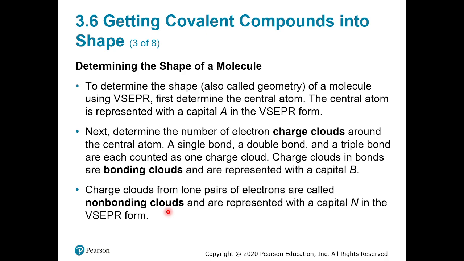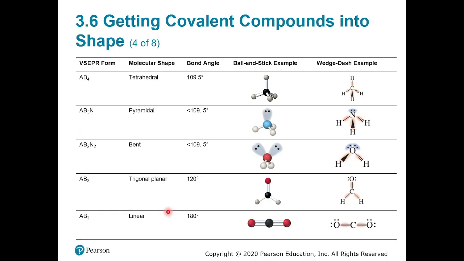Okay, so this right here is VSEPR and how we actually do this. This is where we get the different names for these things. If we have 4 bonding domains, this is going to be tetrahedral for the molecular geometry. Let me again state that there's a difference between the electron geometry and the molecular geometry.